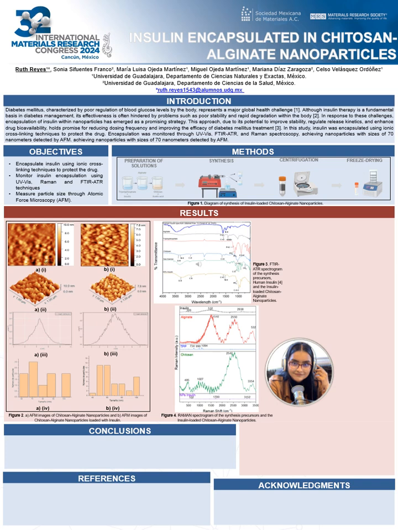The peak at 1700 corresponds to the carbon-oxygen double bonds, present in insulin, alginate, and chitosan. The peak at 3152 corresponds to the nitrogen-hydrogen and oxygen-hydrogen bonds of insulin, chitosan, and alginate.